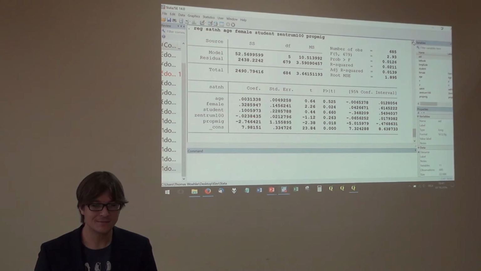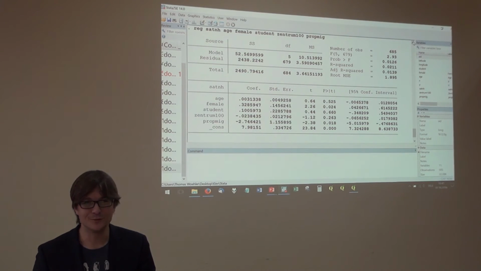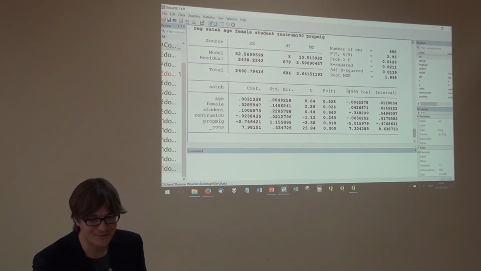And females are usually more satisfied with the neighborhood than males. Probably, I don't know. It can be because they are usually satisfied with everything or not. I don't know. It's just speculation. So it's just a control variable. I have no hypothesis on this.